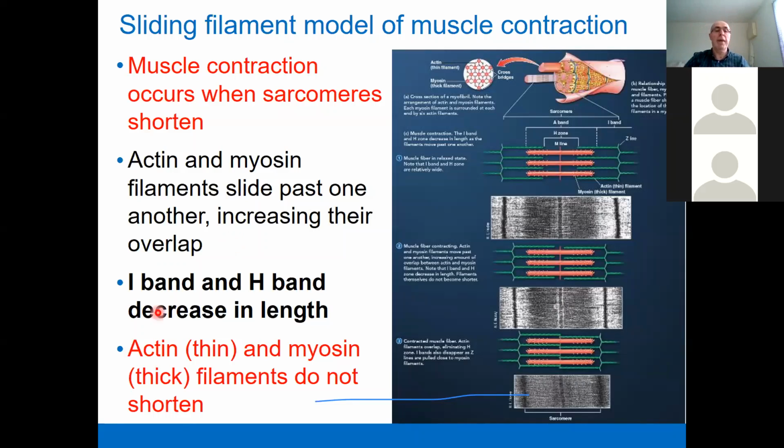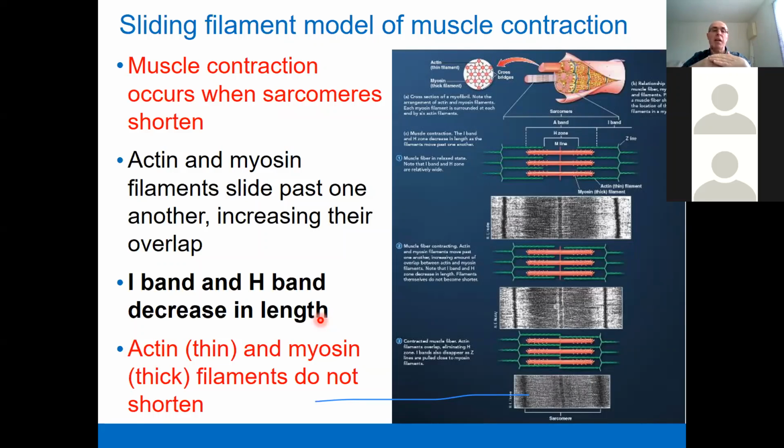Okay, and as a result of this mechanism, I band and H band decrease in length because actin and myosin filaments slide past one another, and therefore I band, which we know includes actin filament, and H band, which is made of myosin filaments.